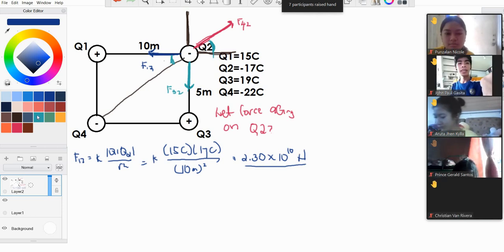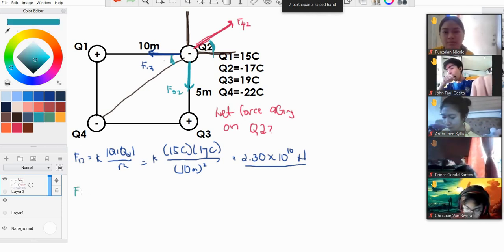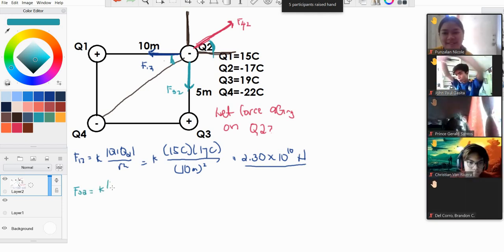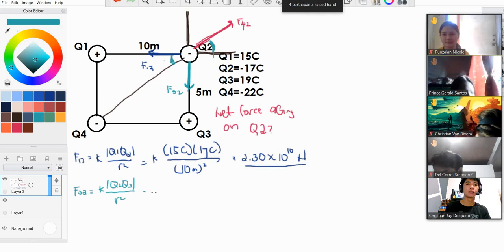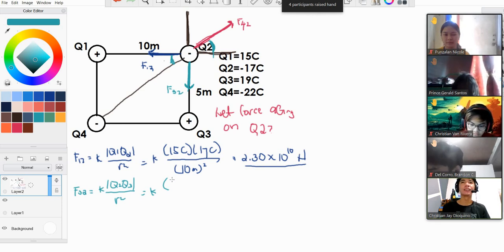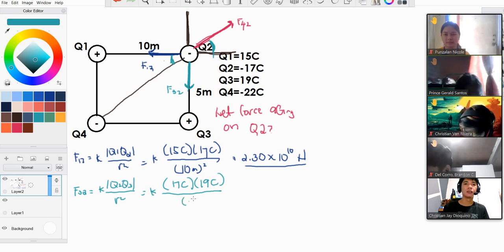Next, for F32, let's have Prince. F32 equals K times 17 C times 19 C, all over 5 meters squared. I got 1.16 times 10 raised to 10 newtons.